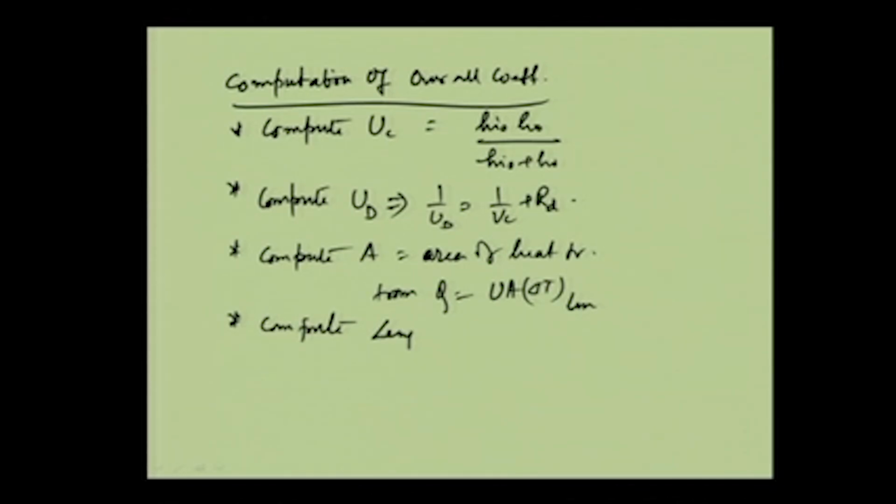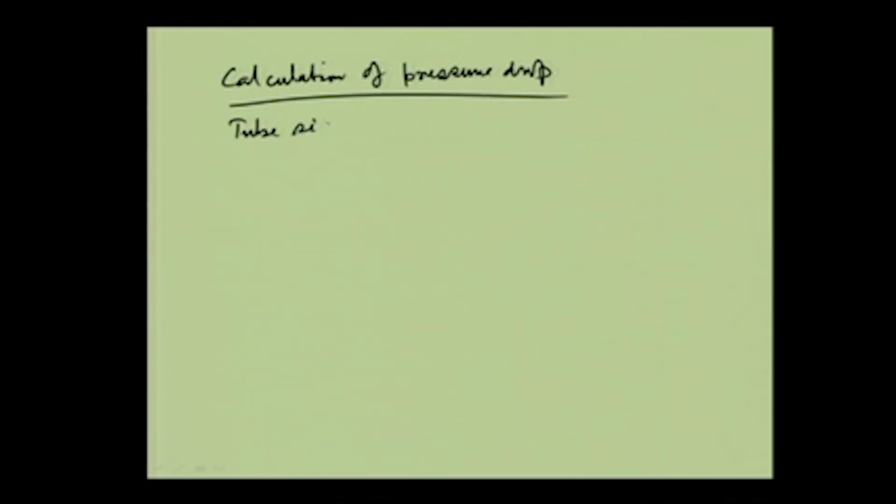And then compute the length of the heat exchanger, and then comes the calculation of pressure drop. So, that happens to be for the tube side fluid.